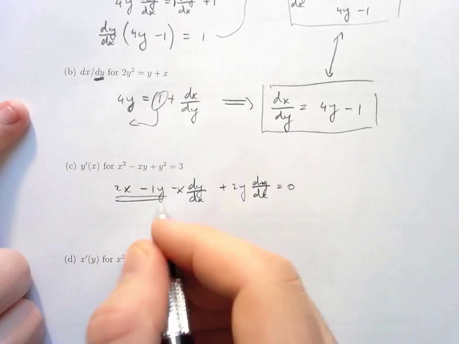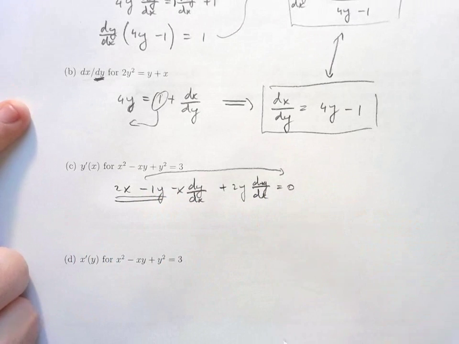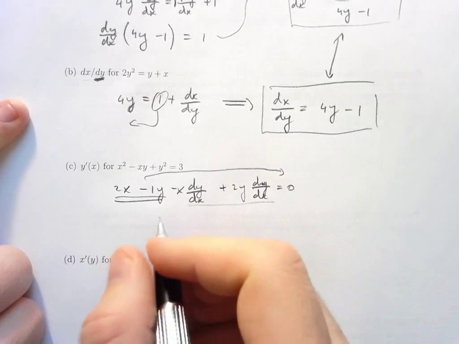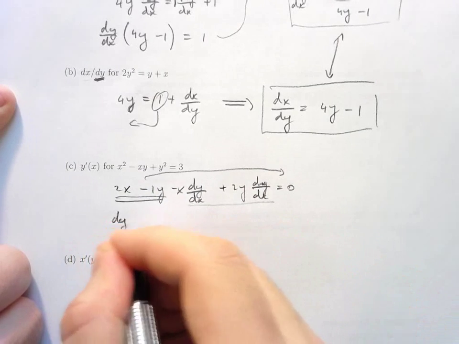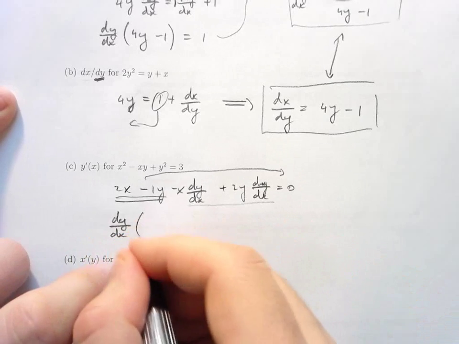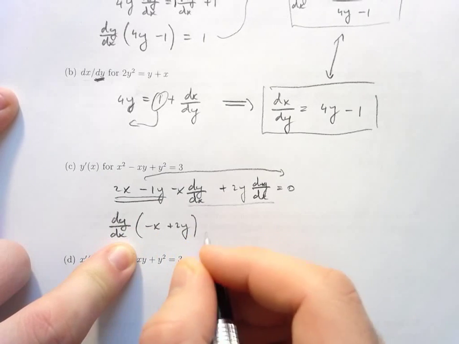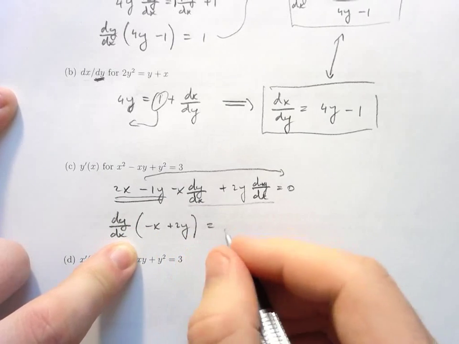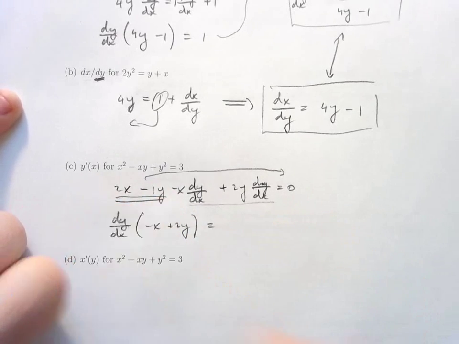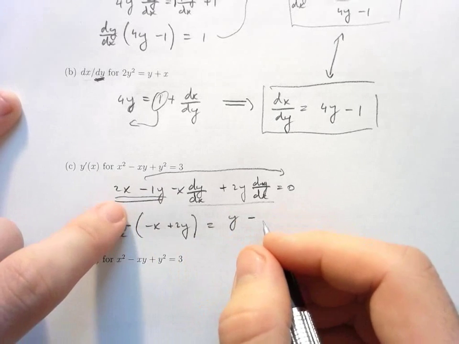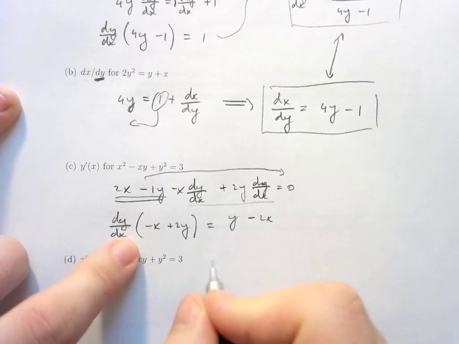Move everything that doesn't have dy dx to the other side, and factor out the dy dx from these two terms to end up with dy dx times negative x plus 2y equals, and I'll just flip the order because I don't want to write negative y, I'll simply write y minus 2x.